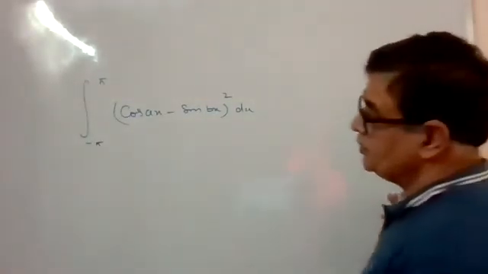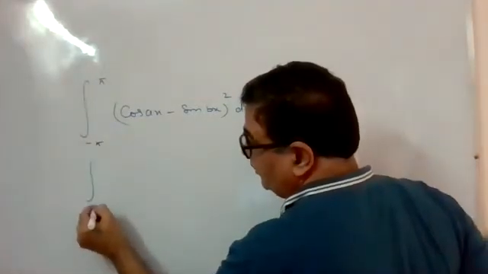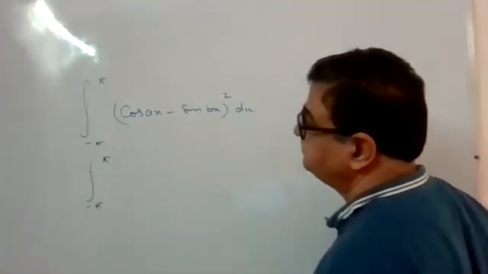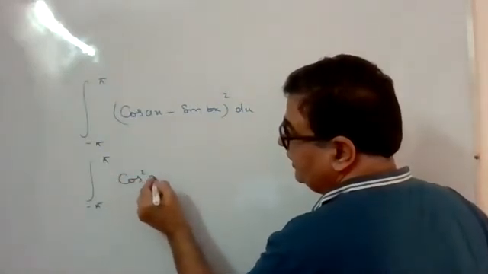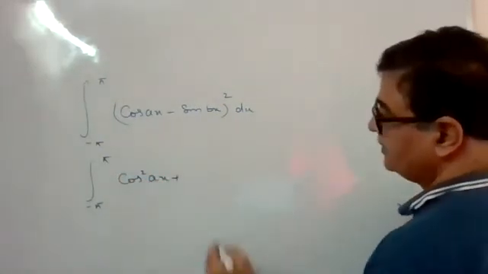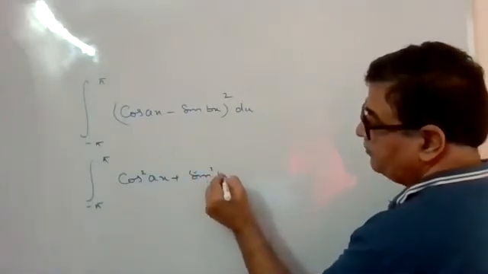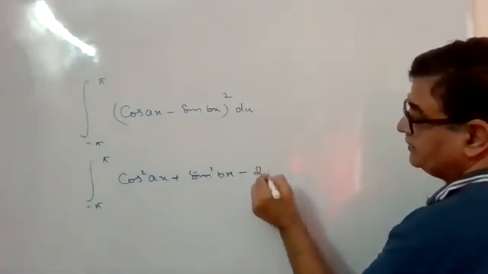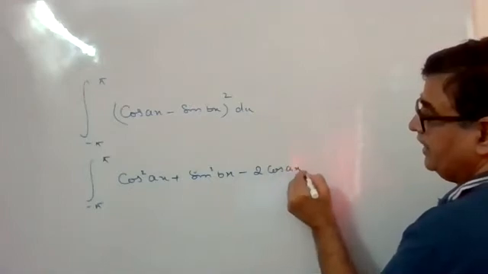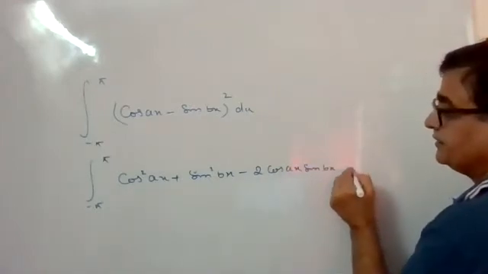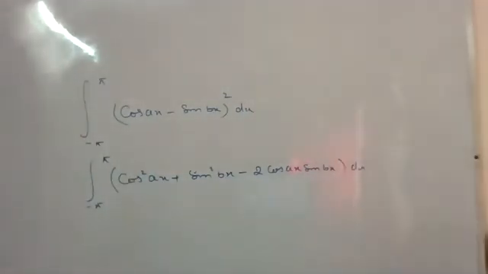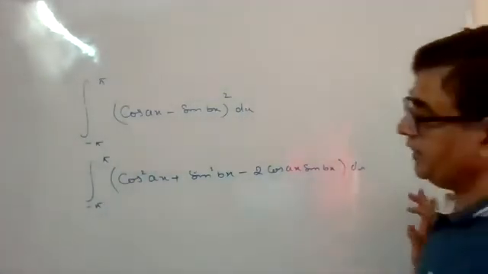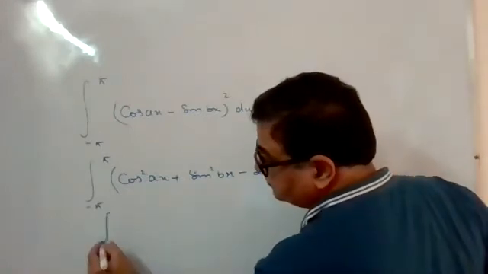Now we will do this question. This will be minus of pi to pi. This will come out to be cos square ax plus sine square bx minus 2 cos ax sine bx dx. So this question will be having three parts now.